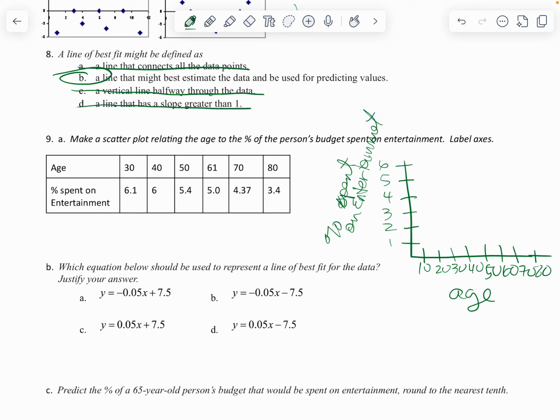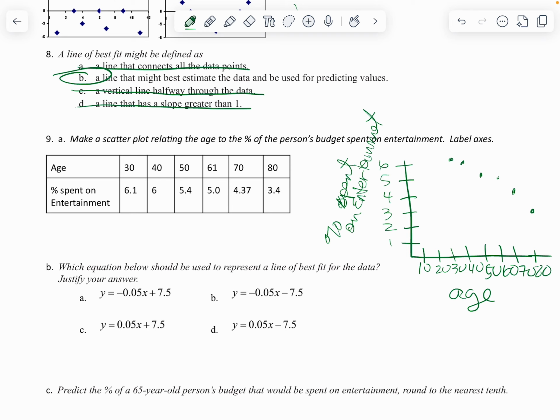Okay, so 30 is 6.1, 40 is 6, 50 is 5.4, 60 is 5, 70 is 4.37 and 3.4.